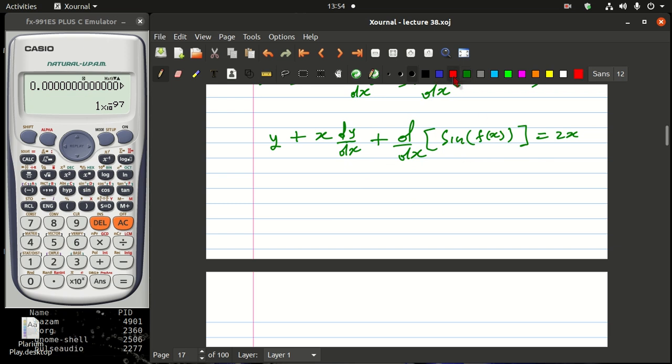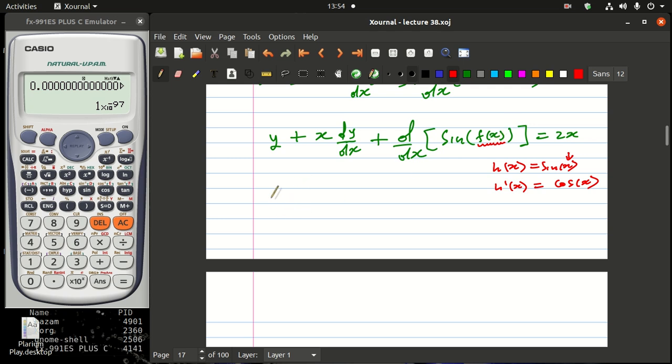I know how to take the derivative of some function h of x equal to sine of x, because in this case h prime of x is going to be the same as just cosine of x. But instead of having an x here, I have a function f of x that is sitting inside. So what I'm going to do, I wanted to let this be equal to a u.